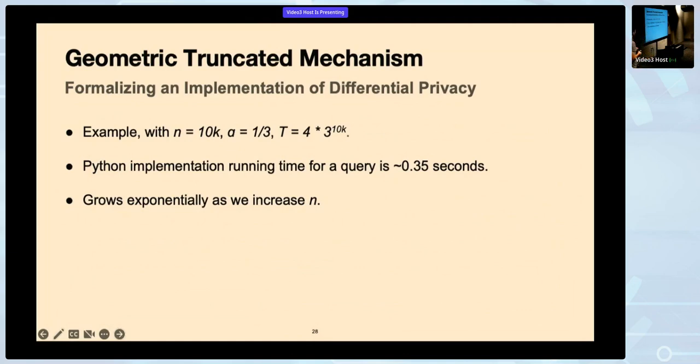But what I will say is that the bottleneck of this sampling routine isn't necessarily sampling from a large uniform distribution, but rather that you have to build this CDF vector. The computation for that, especially using rational arithmetic, is very expensive. Every time you run this mechanism, you have to build this list of size 10,000, and that's the majority of the running time here.